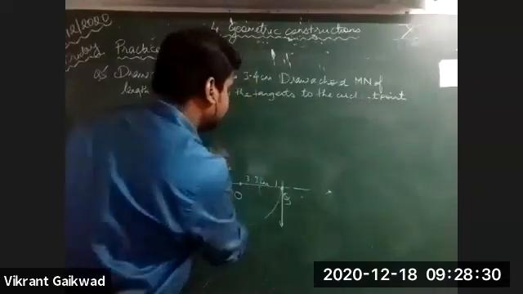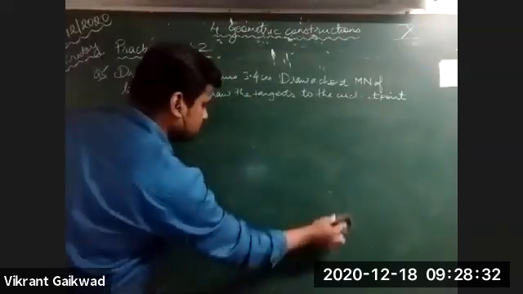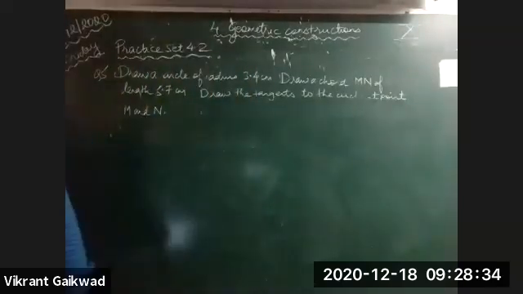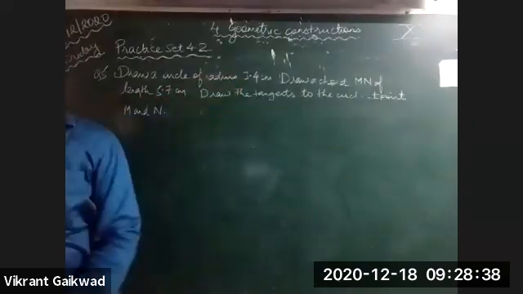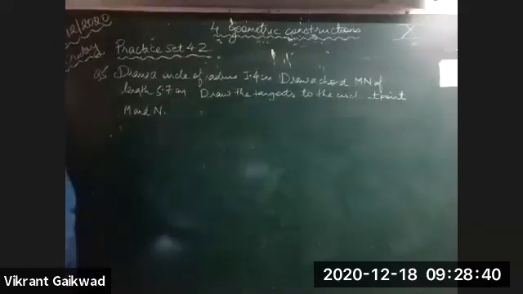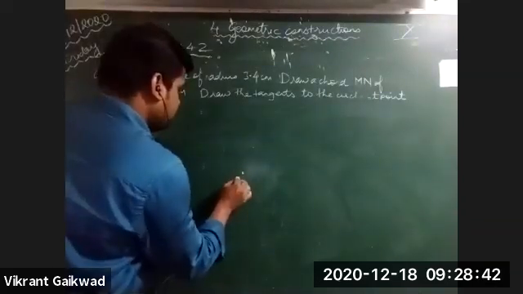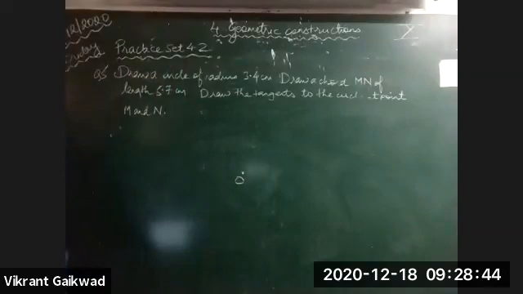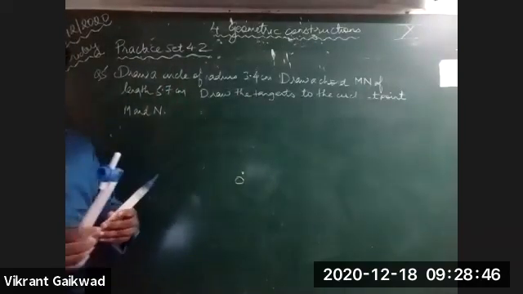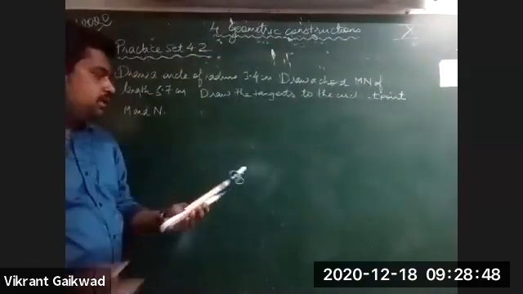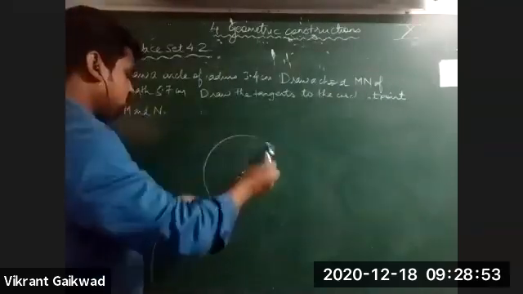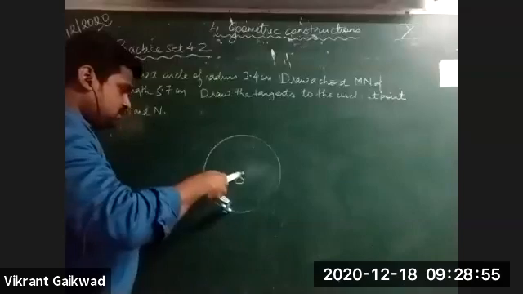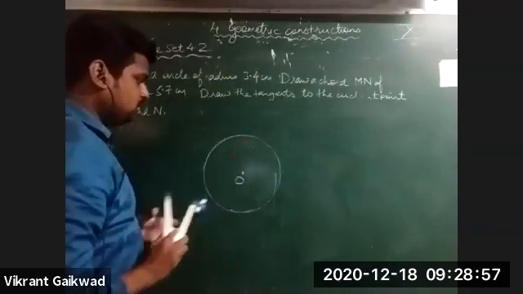So now let's begin. Draw the circle of radius 3.4 centimeters. Mark any point O. From that O, take a distance of 3.4 on your rounder and start your construction.